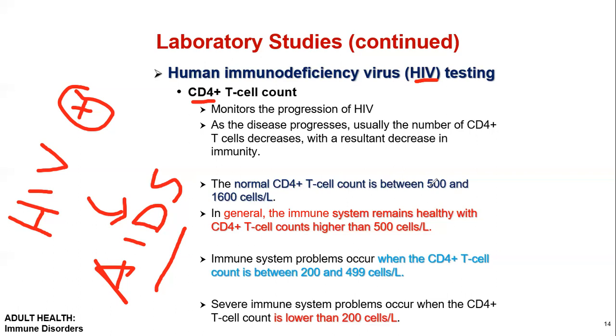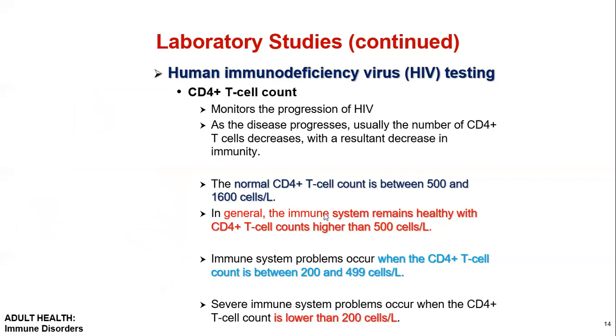In general, the immune system remains healthy with CD4 count higher than 500 cells. An immune system problem occurs when CD4 cell count between 200 to 500 cells. And severe immune system problem occur when CD4 cell is less than 200. And that times we call HIV patient, positive patient have AIDS.